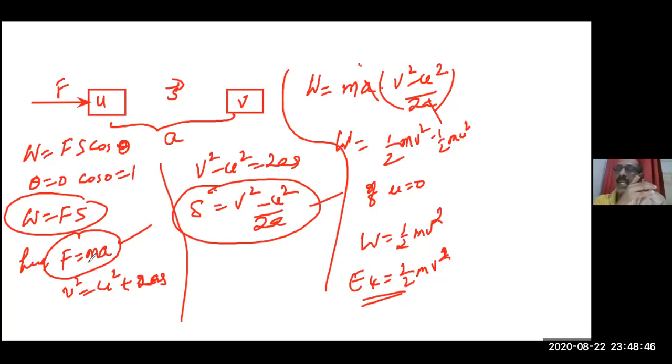When a constant force F is exerted onto it, it gains a uniform acceleration a and travels a distance S. The final velocity acquired is v.